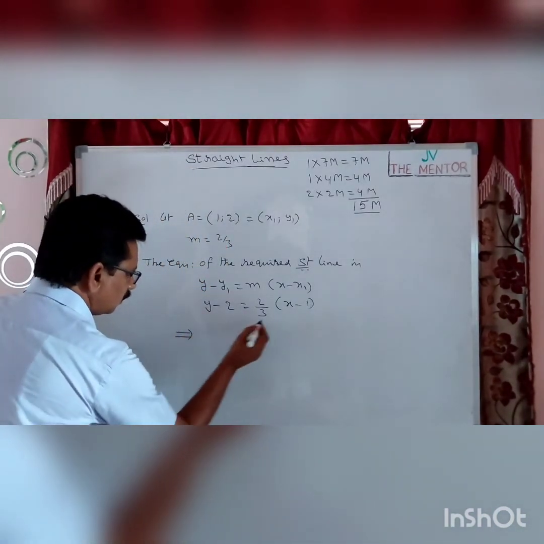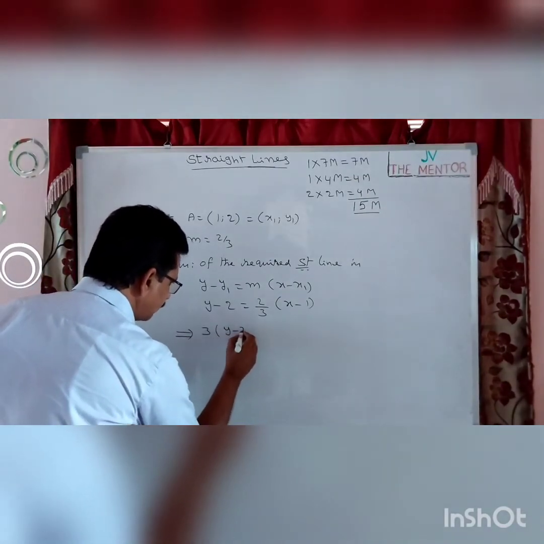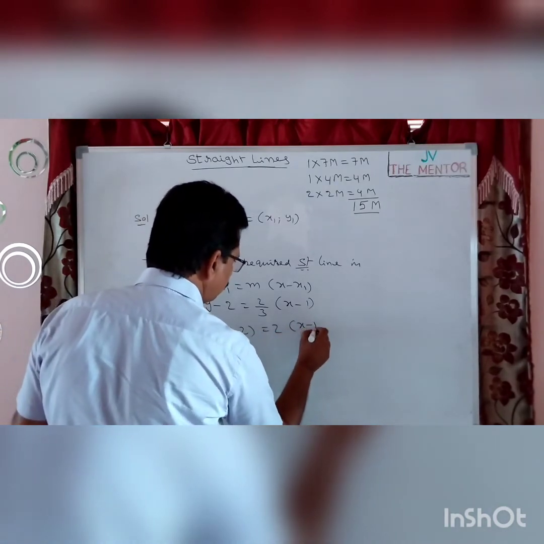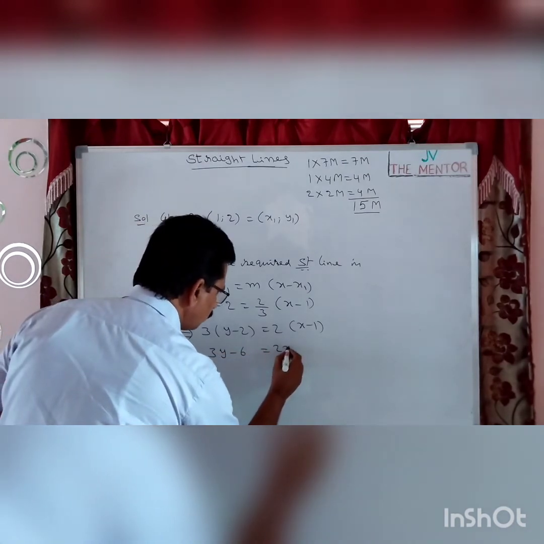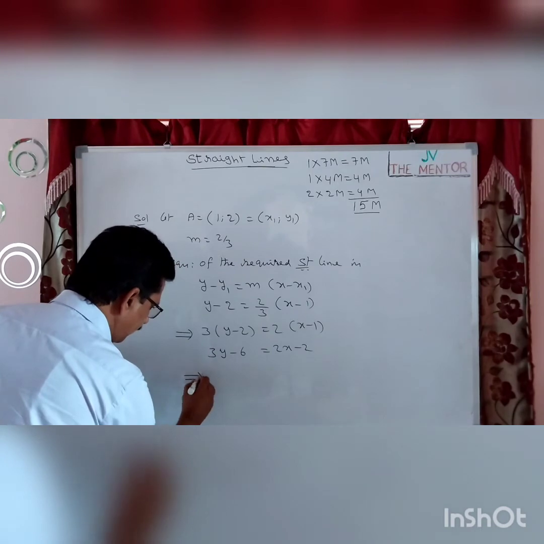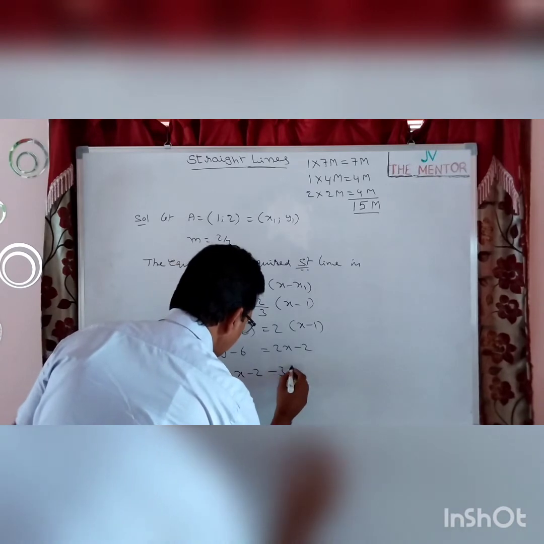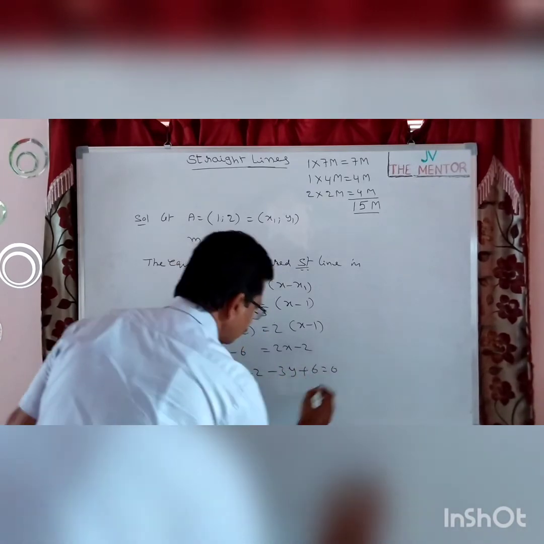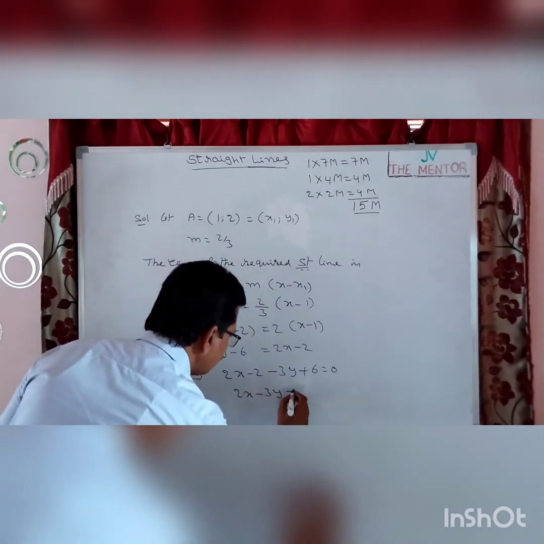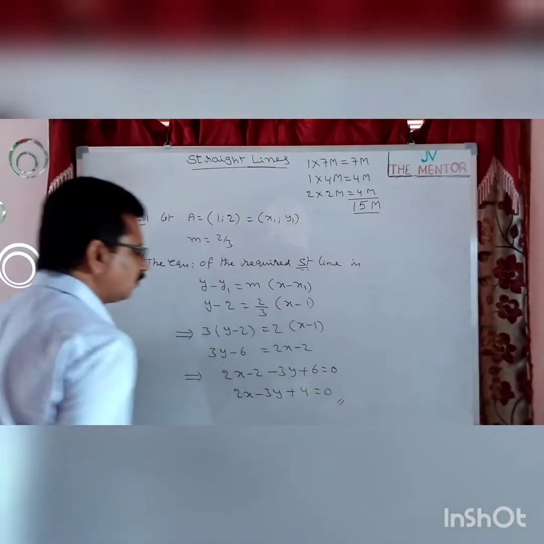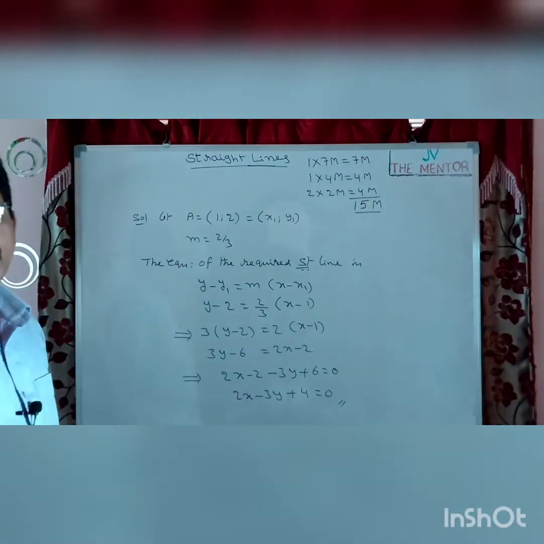Now 3 comes to the LHS side, do cross multiplication. 3 into y minus 2 equal to 2 into x minus 1. 3y minus 6 equal to 2x minus 2. Taking 3y minus 6 to the RHS side, 2x minus 2 minus 3y plus 6 equal to 0. So 2x minus 3y plus 4 equal to 0.